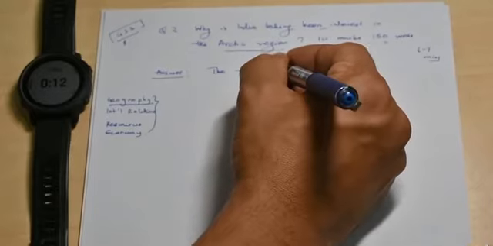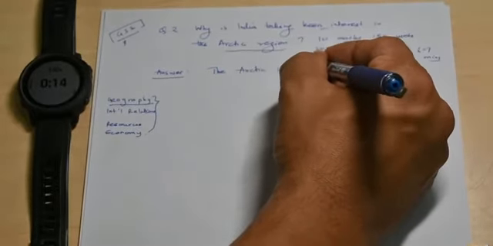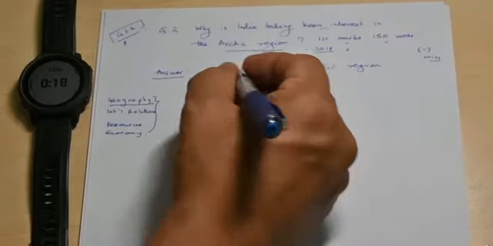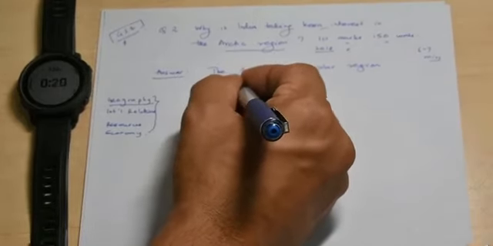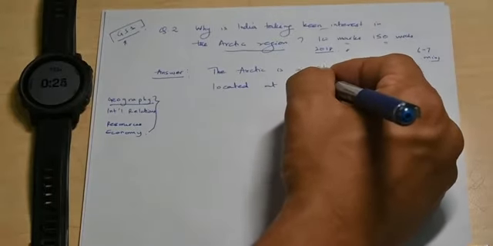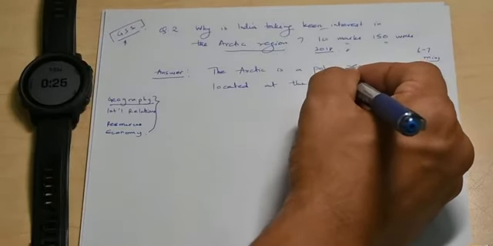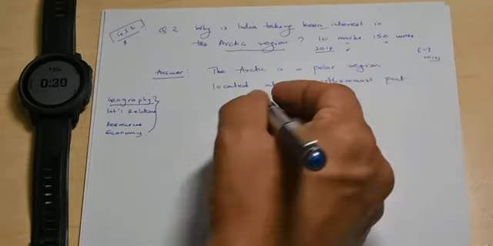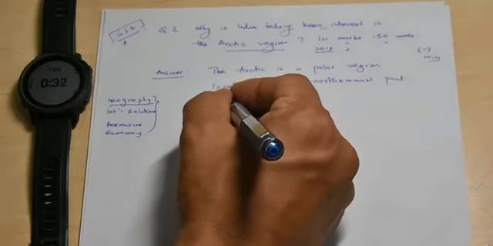The Arctic is a polar region located at the northernmost part of Earth.